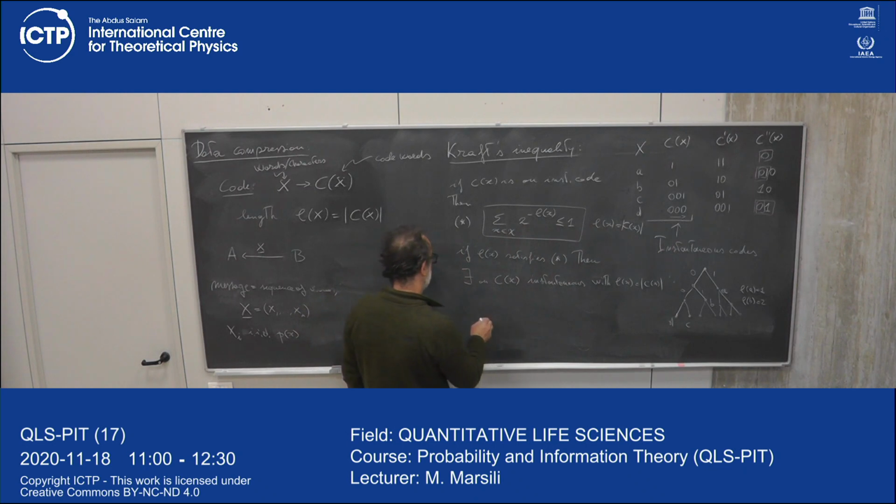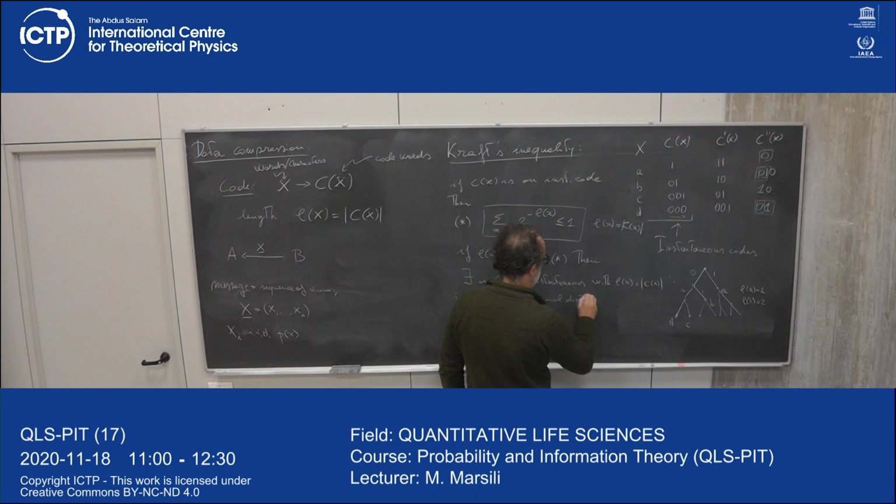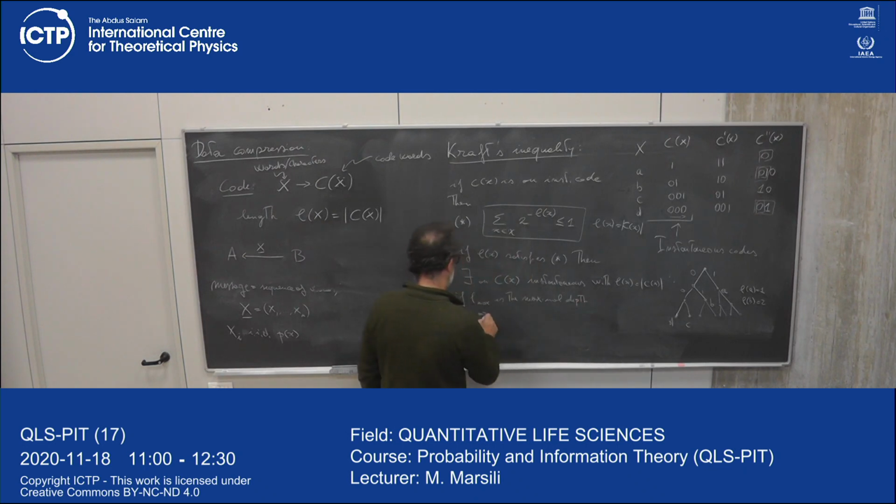So in general, if L max is the maximal depth, then the number of descendants of x will be 2 to the L max minus L of x. Okay?